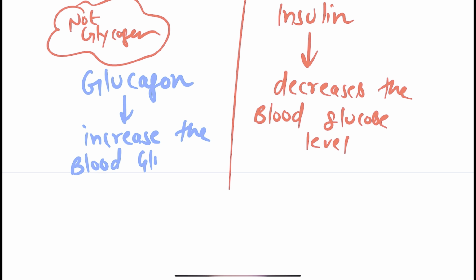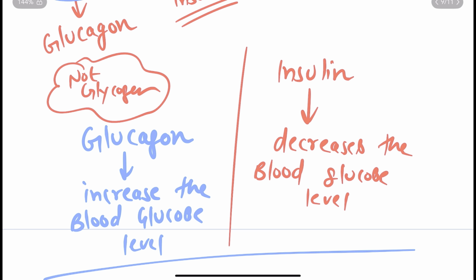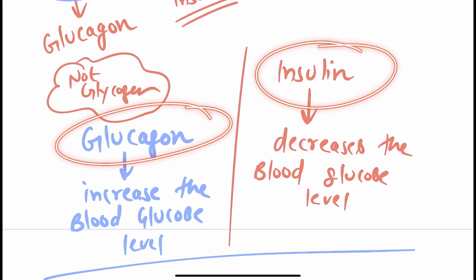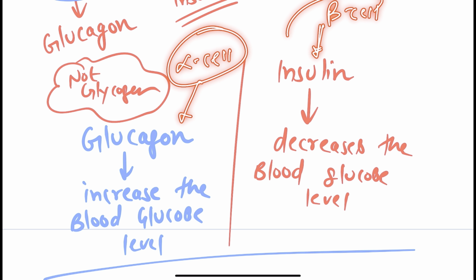blood glucose level. So we have two different hormones, insulin and glucagon, which are released from the pancreas. Insulin is produced by the beta cells of the pancreas, and glucagon is produced by the alpha cells of the pancreas.